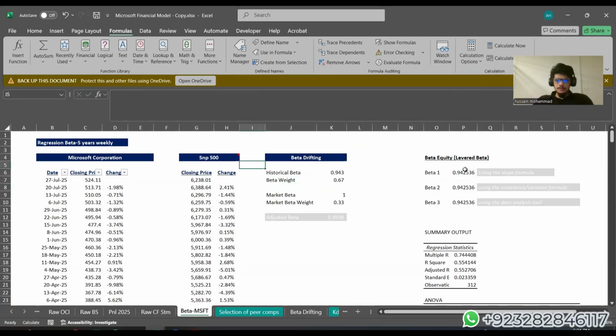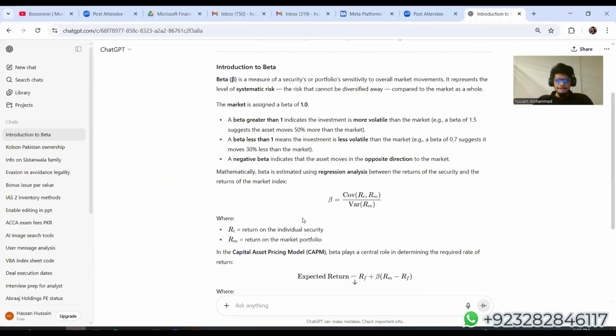You will see this formula, but in the introduction to beta, historical beta is just the reflection of the volatility of a stock compared to the overall market. A beta greater than 1 indicates the investment is more volatile than the market. For example, a beta of 1.5 suggests that the stock price moves 50% more than the market.